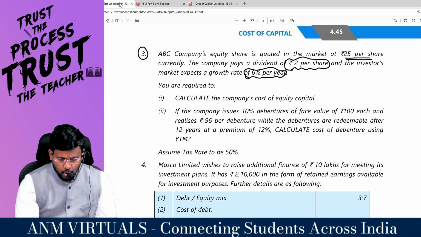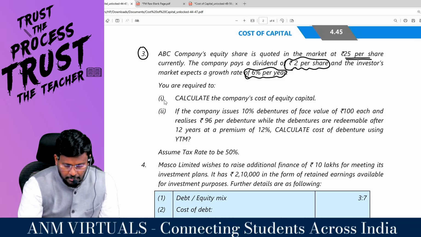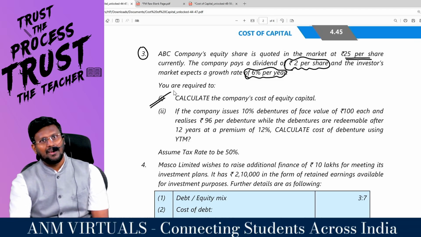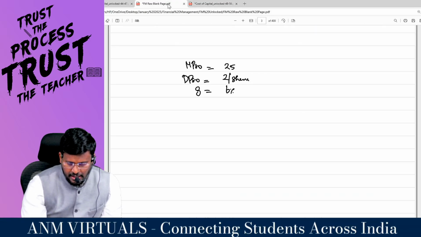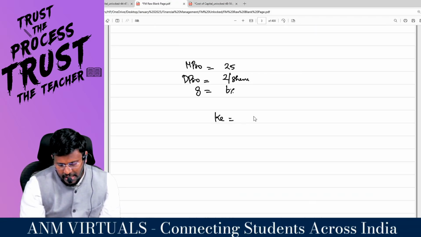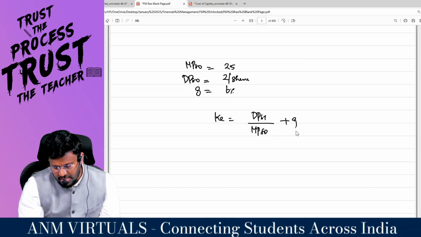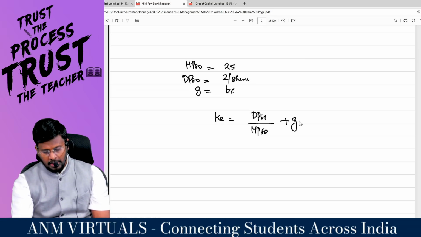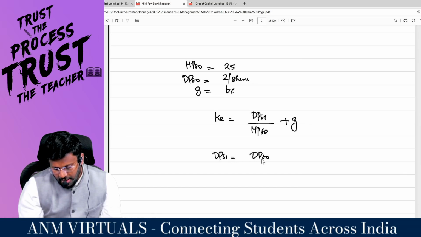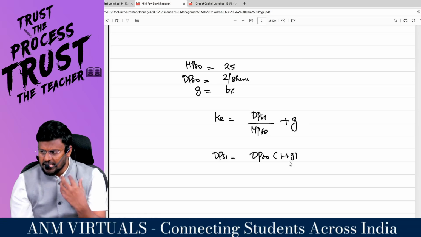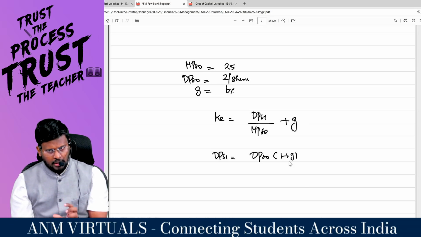You are required to calculate the company's cost of equity capital. Straightforward question. We have to just calculate the KE. KE is equal to DPS 1 divided by MPS 0 plus G. Sir, we all know that DPS 1 is equal to DPS 0 into 1 plus G, because DPS 0 will not have the growth component.